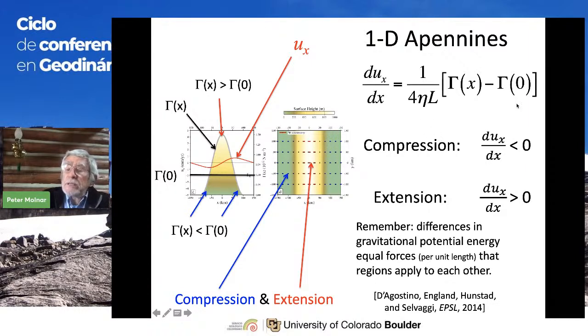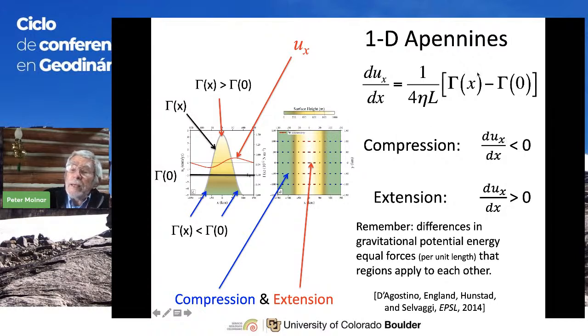And I think it's clear, of course, if gamma 0 is greater than gamma x, as is the case over on the left side or over on the right side here, then because this is bigger, this quantity is less than 0. And so the velocities decrease as you go to the right. That means you're under compression.